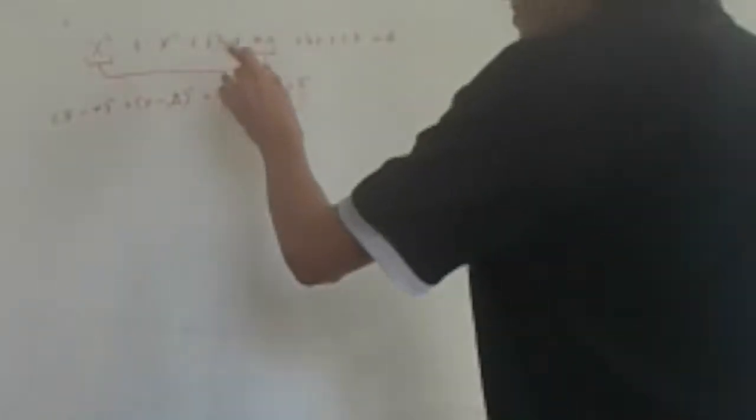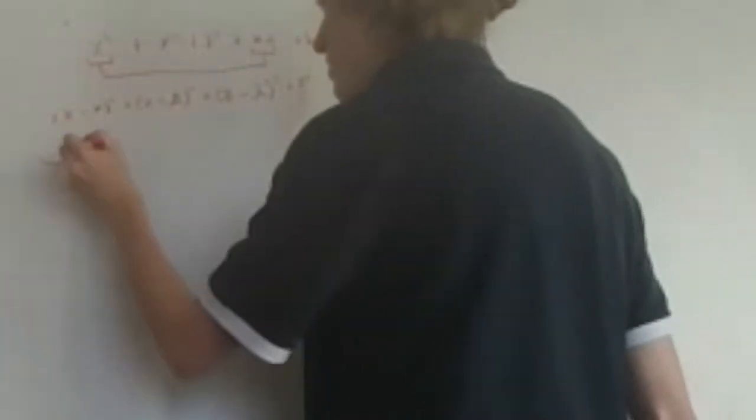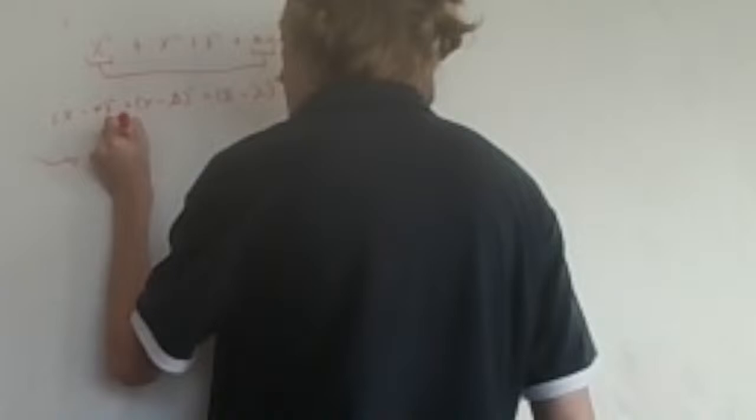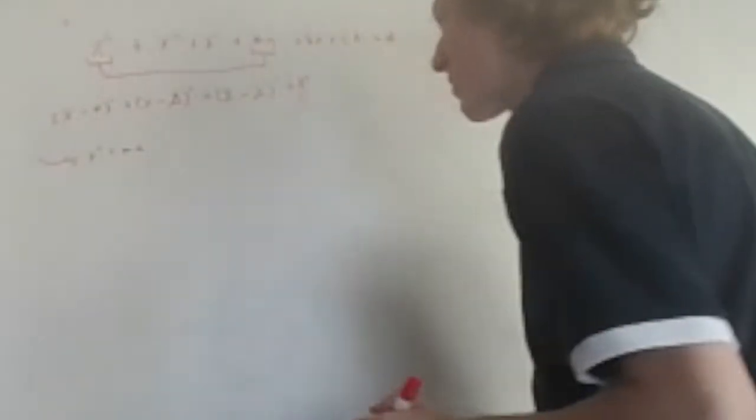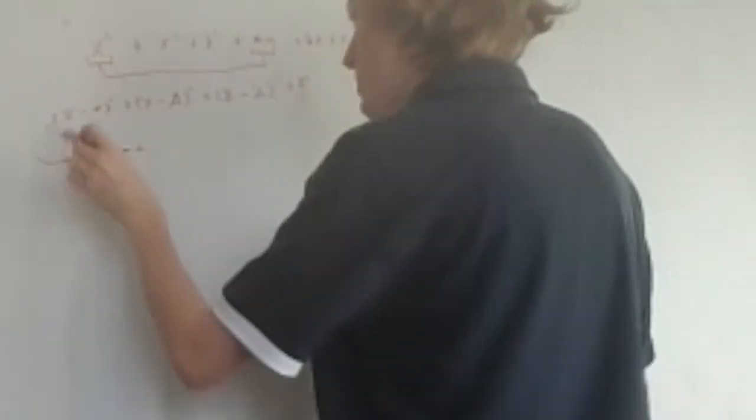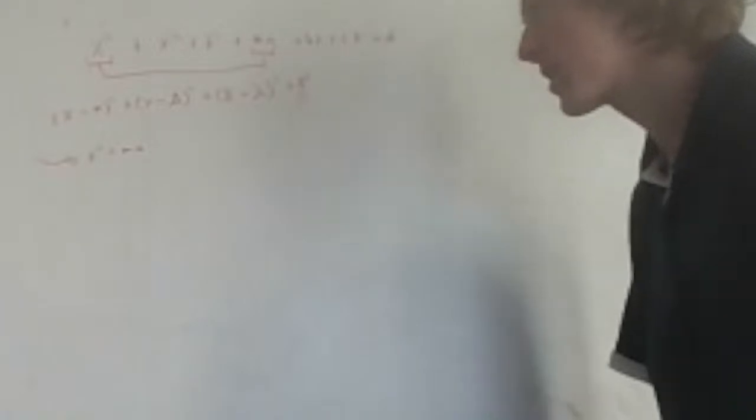So if we wanted to write this, any set of numbers, then we have x squared plus ax. And we need to complete the square to get it to be x minus something squared.